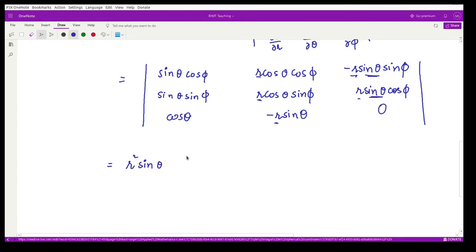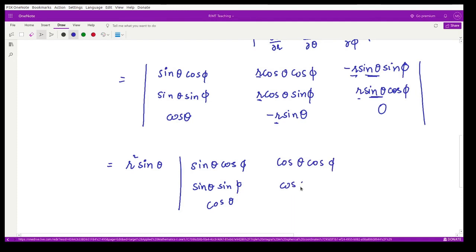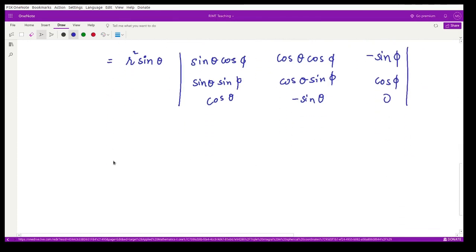So you are left with the quantities sine theta cos phi, sine theta sine phi, and cos theta, and then cos theta cos phi, and then cos theta sine phi, and then minus sine theta, and here you will have minus sine phi, and then cos phi and 0. So when you solve this determinant, your final answer would simply be equal to r square sine theta. So this is after all the calculations.